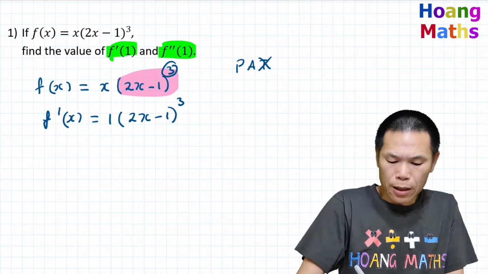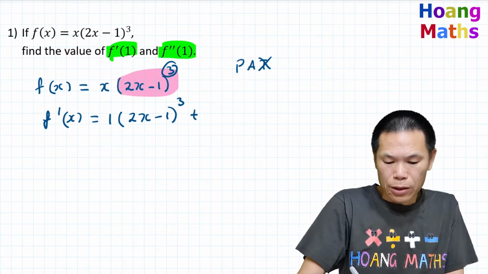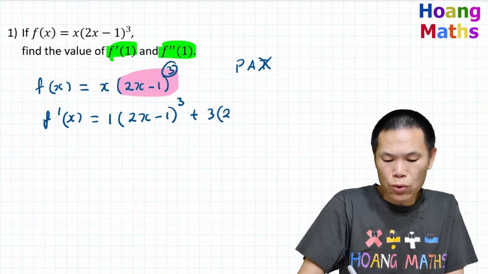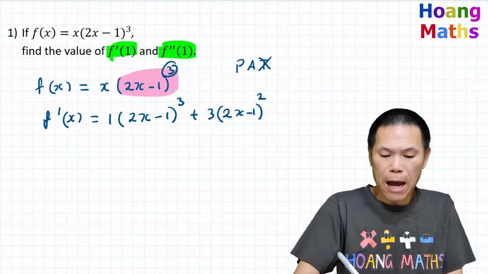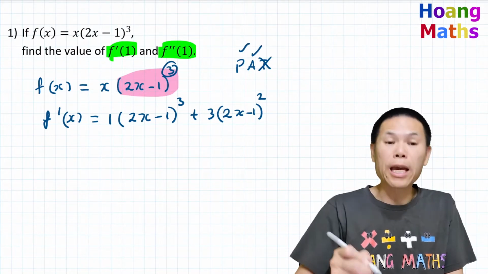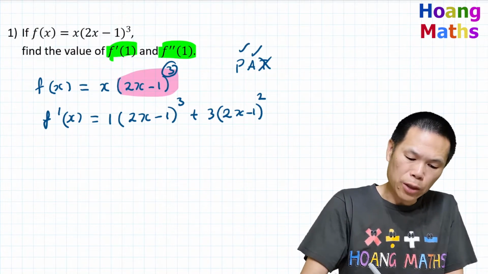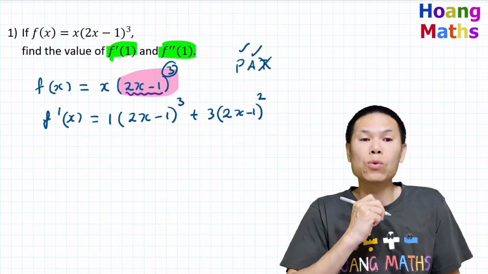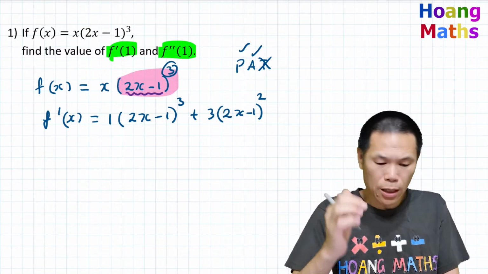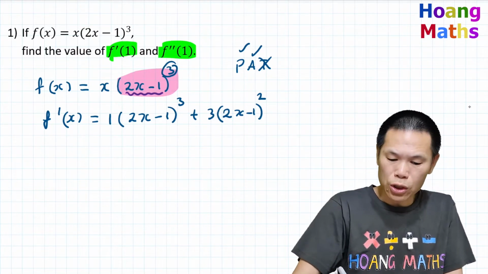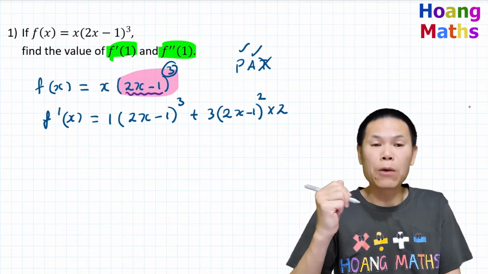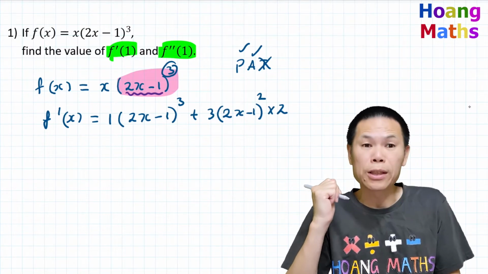So that is equal to plus 3, and then (2x minus 1) power 3 minus 1 is 2. So the power is done. Then we differentiate the angle. And this angle here is 2x minus 1. So differentiate 2x minus 1 will give me 2. So it just times by 2. So I'm done with the differentiation of the second function.